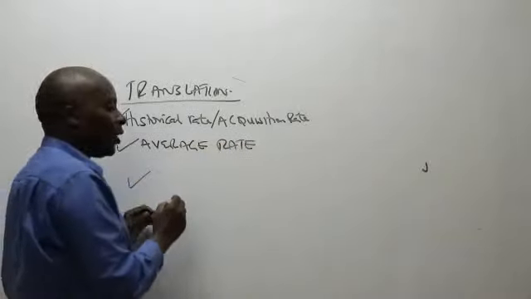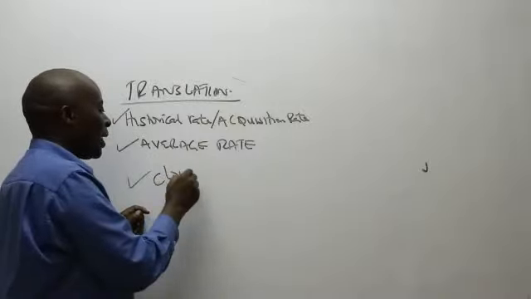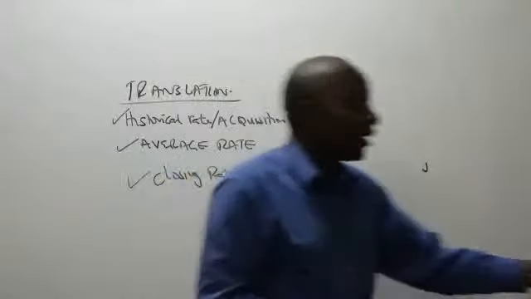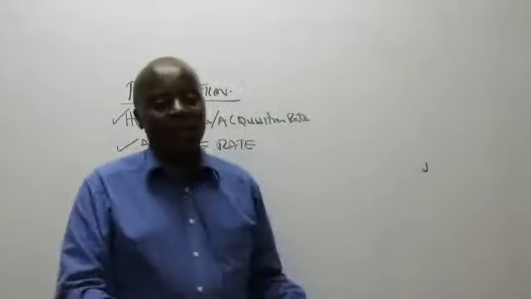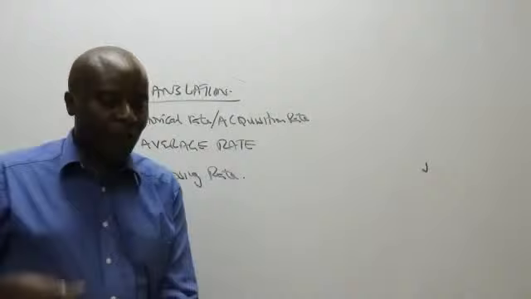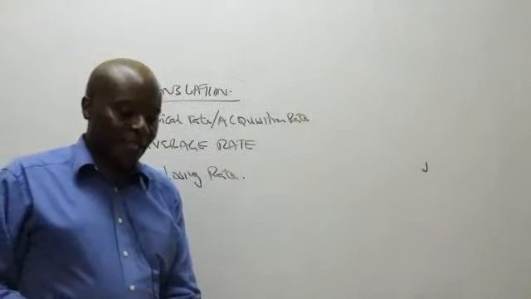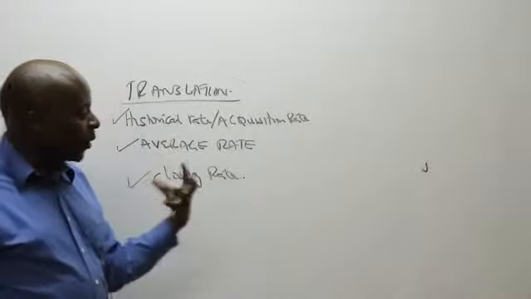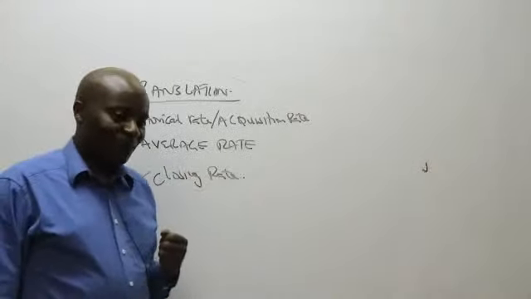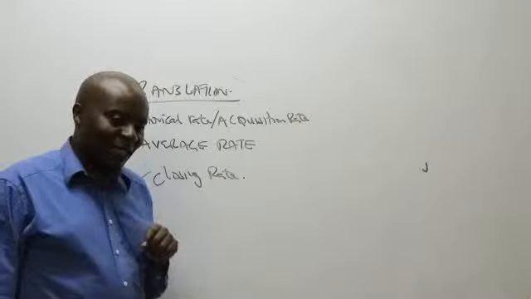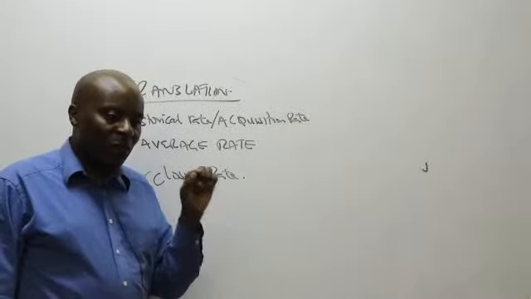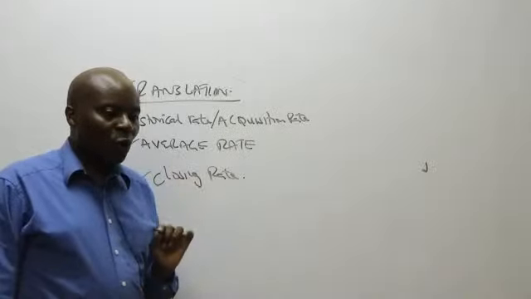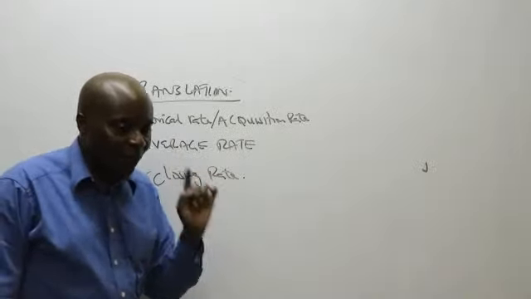And then lastly, you'll be given the closing rate. So, ladies and gentlemen, if I'm given these three kinds of rates here, how will I apply them during my translations? There is one thing I will never forget, that income statement items always use the average rate.